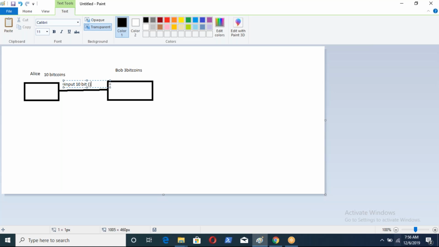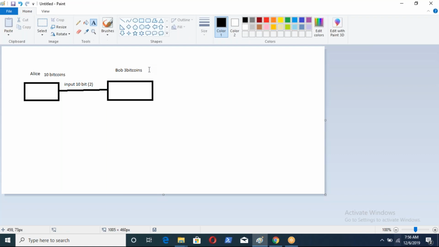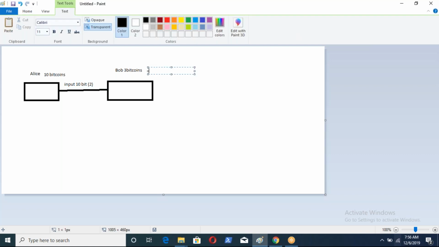So what will happen once the transaction is done? 2 Bitcoins will be transferred to Bob, and his total balance is 5 Bitcoins, right?